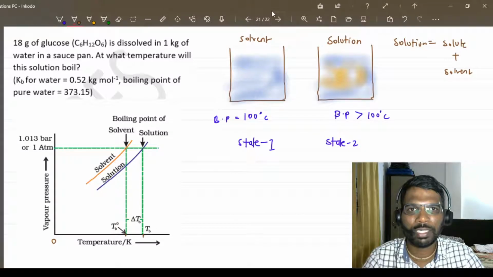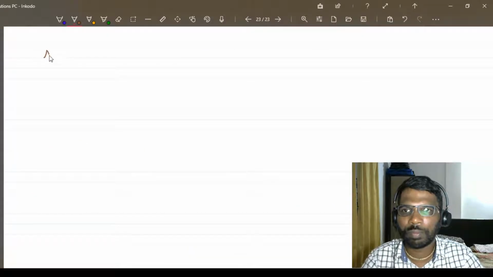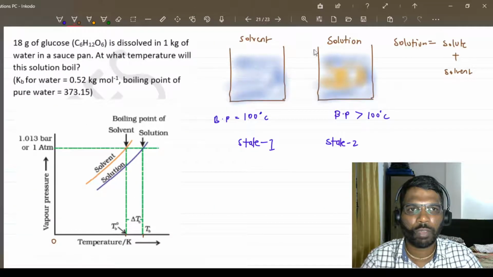So delta TB is directly proportional to the molality. If you add more glucose, the molality of this solution will be more.